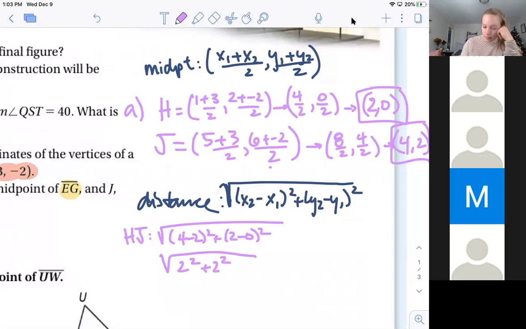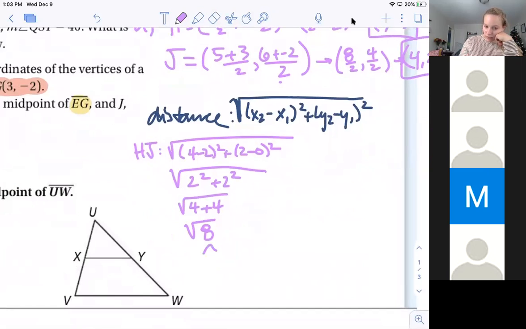So I'm going to do 2 squared plus 2 squared. So I've got 4 plus 4, which is 8. And then don't forget to factor tree. 8 is 4 and 2, and 4 is 2 and 2. So my 2's get to come out. 2 radical 2. That's my distance.